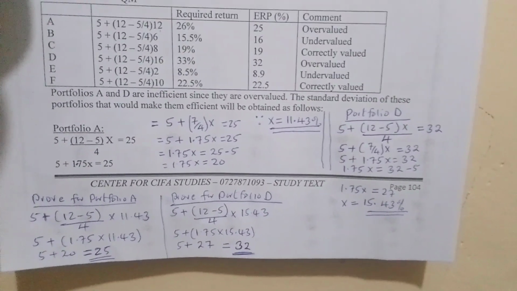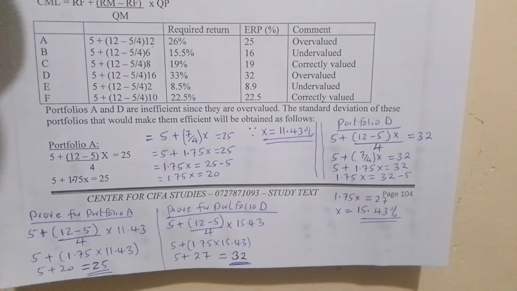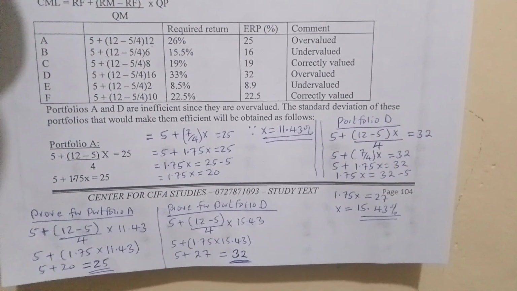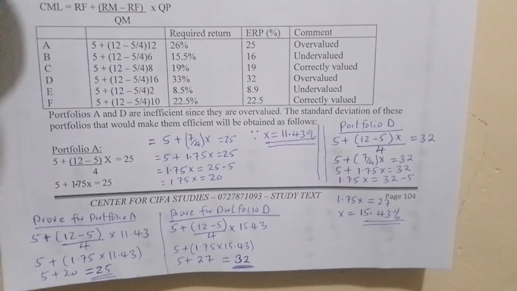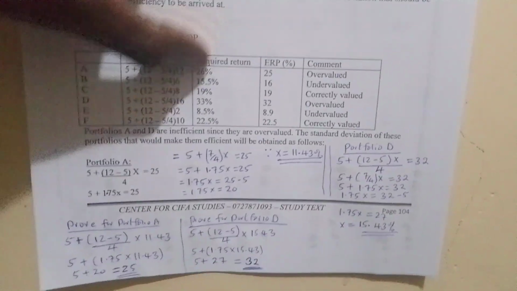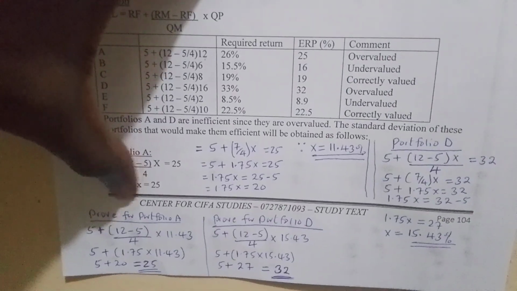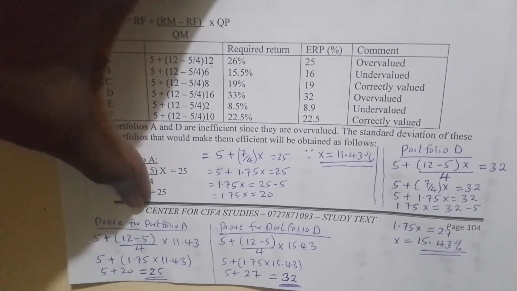So you can see what you have done there. If you replace 12 with 11.43, you can see working there what you have done. We have proved that down here. So I've said here, proof for portfolio A.